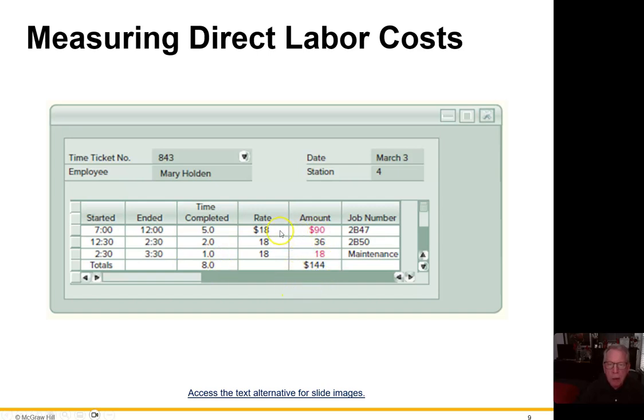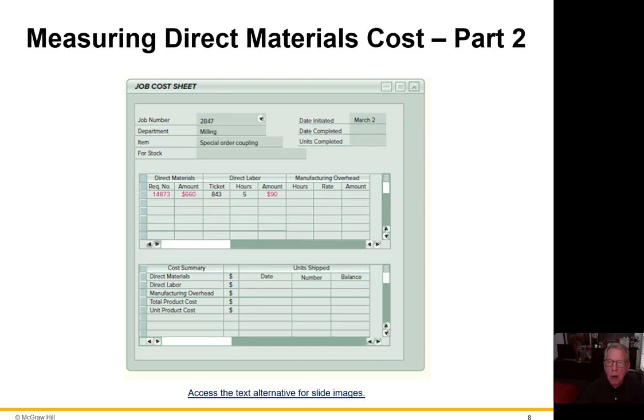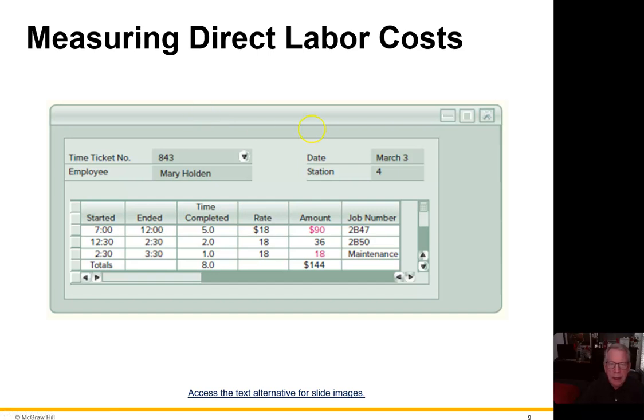She spends the first 7 hours on job 2B47, and then another 2 hours on 2B50, and the rest of her time is on maintenance. So again, that job that we talked about here was the 2B47. And here's that $90 of labor that was charged to that job.